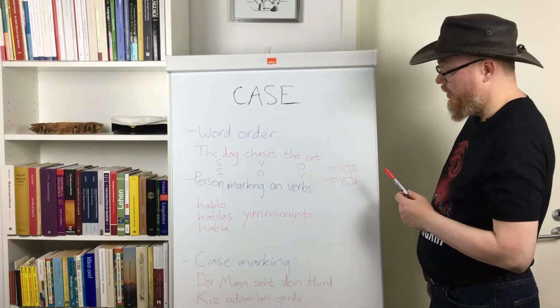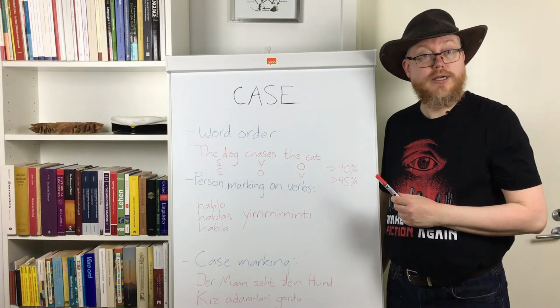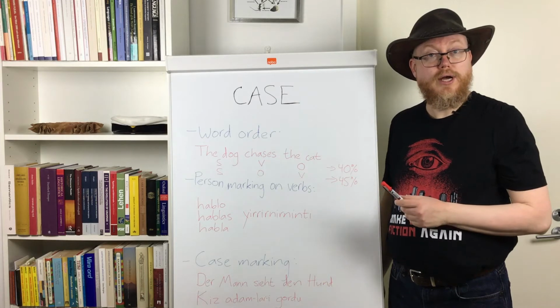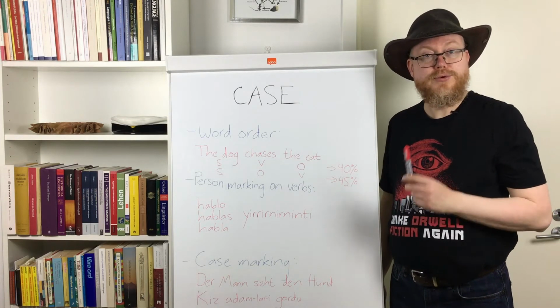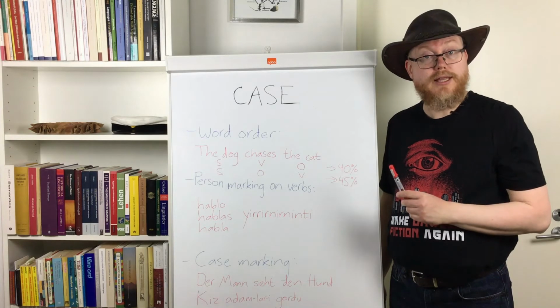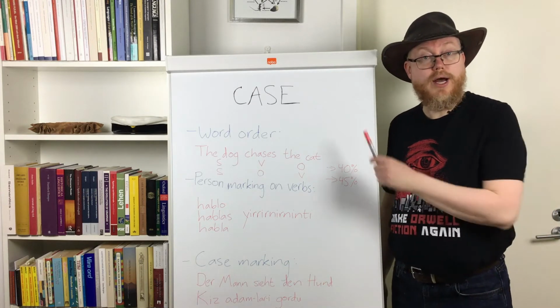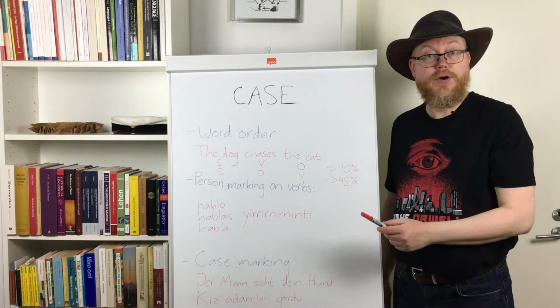Because the cat could chase the dog just as well as the dog can chase the cat, right? So in order for people to understand, there are three main strategies used in the languages around the world. Some languages only make use of one of these, other languages of two, some languages of all three.